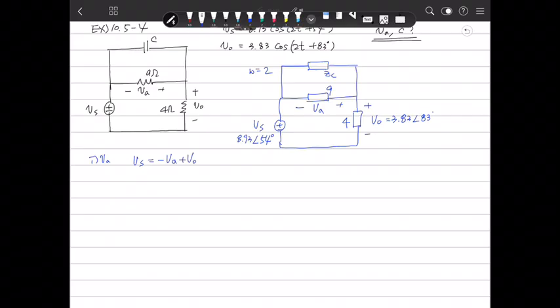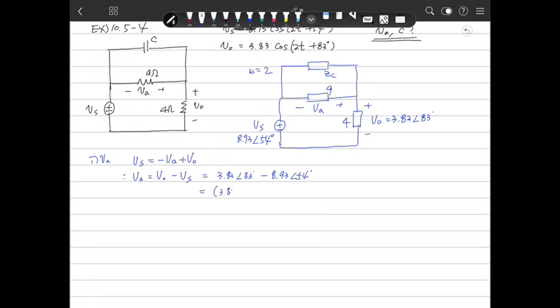Therefore VA will be VO minus Vs. VO was 3.83 at 83 degrees minus 8.93 at 54 degrees. If you use a calculator, it will be converted to rectangular form.